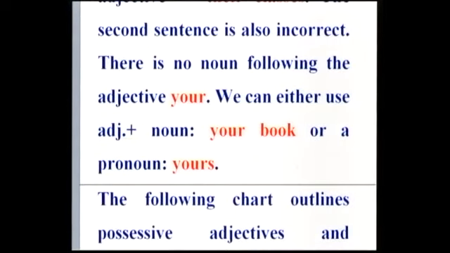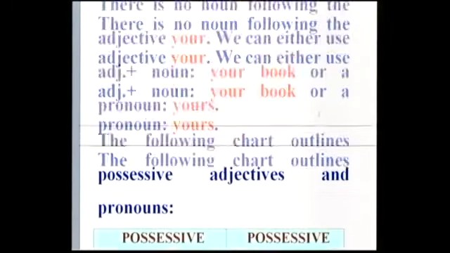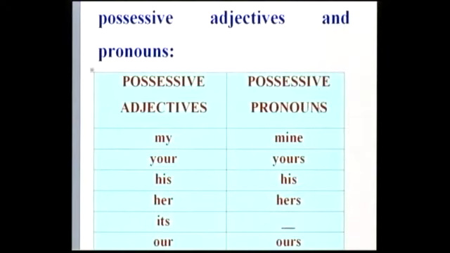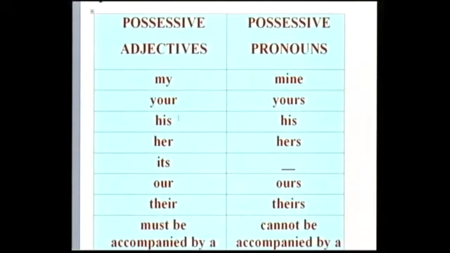طيب the following chart outlines possessive adjectives and pronouns. برضو دي حاجات عارفينها من زمان، المهم ان احنا لما نيجي نحل ما نغلطش. Do not confuse them. My, this is my book, the book is mine. This is your book, the book is yours. This is his book, the book is his زي بعض.